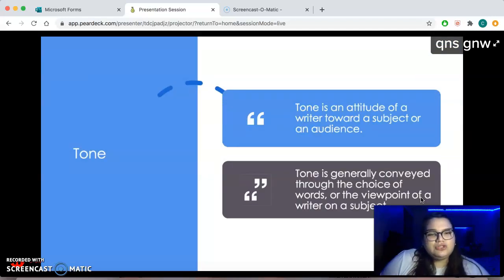Then we have tone. Tone is the attitude of a writer towards a subject or audience. Tone is generally conveyed through the choice of words or a viewpoint of a writer on a subject. So again, tone means attitude. Always remember what your parents tell you when you are being a little bit angry or trying to be sassy, right?